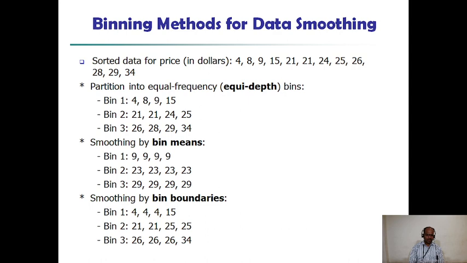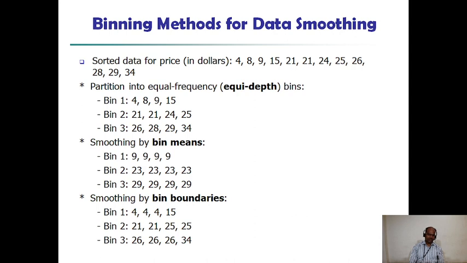So in bin 1 we have lower bound 4. 8 has a shorter distance from 4 than from 15. If we add 4 to the lower boundary we will get 8, but to get 15 we have to add 7. So 4 is smaller, so we will replace the value 8 with 4.